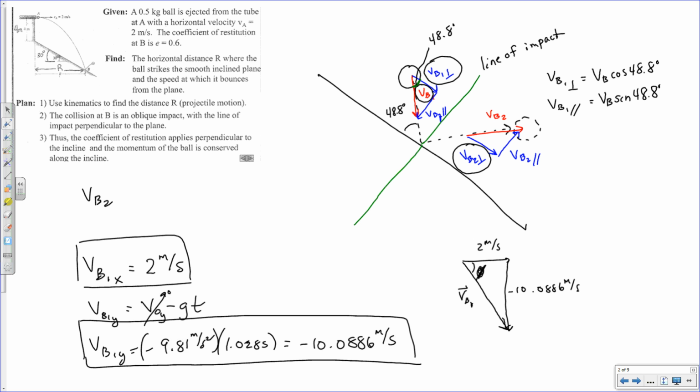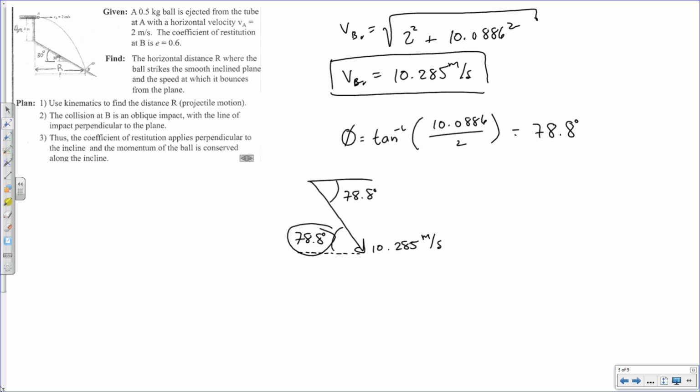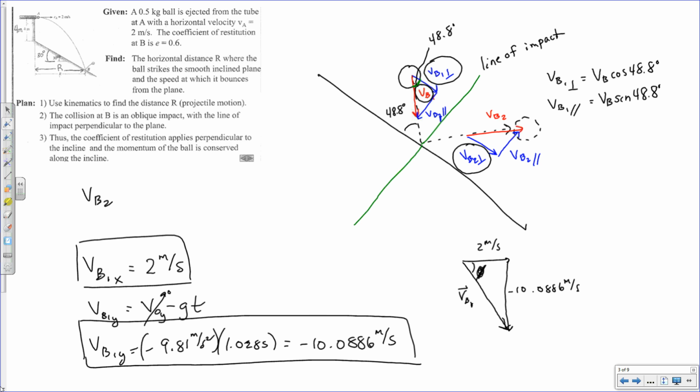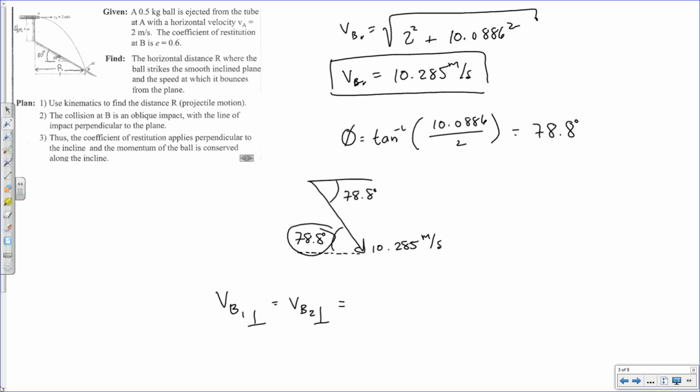VB1 perpendicular and VB2 perpendicular are exactly the same. So VB1 perpendicular is equal to VB2 perpendicular. And this is going to be equal to VB cosine 48.8.